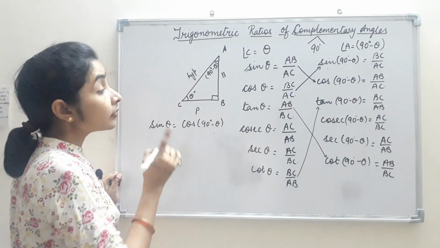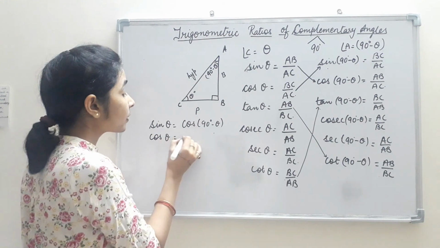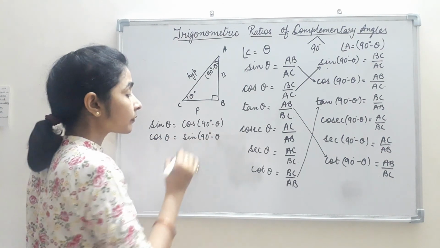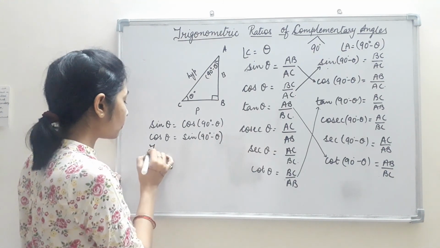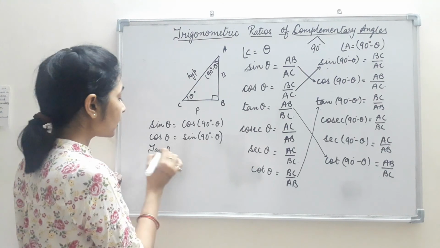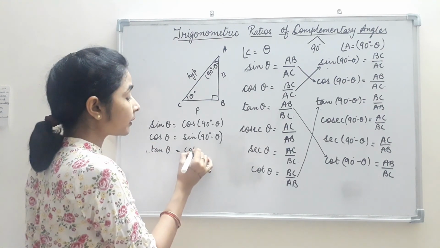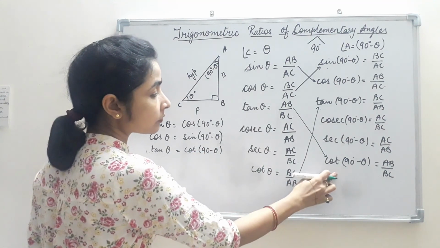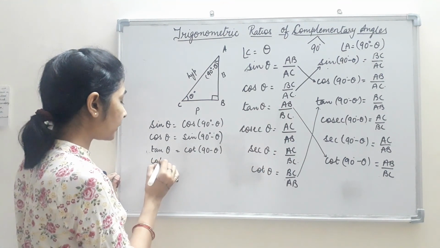Okay, and what else we saw? Cos theta is equal to sin 90 minus theta. Similarly we got tan theta is equal to cot 90 minus theta, and cot theta is equal to tan 90 minus theta.